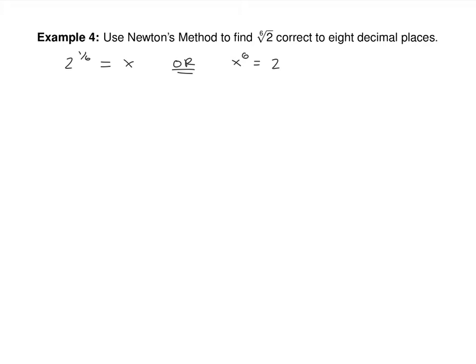Or how would you make that an equation that's related to 0 now? x to the 6th minus 2 equals 0. And so that tells you that the function you're going to use is x to the 6th minus 2. Finding where that 0 is the same as finding the 6th root of 2. So this example, kind of like the last one, is about how you translate this into an equation. Once you've got the equation, you can use Newton's method to figure it out.